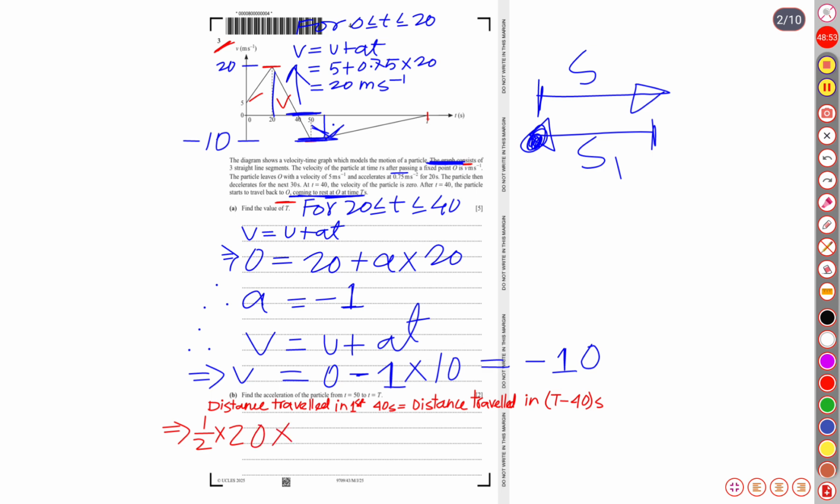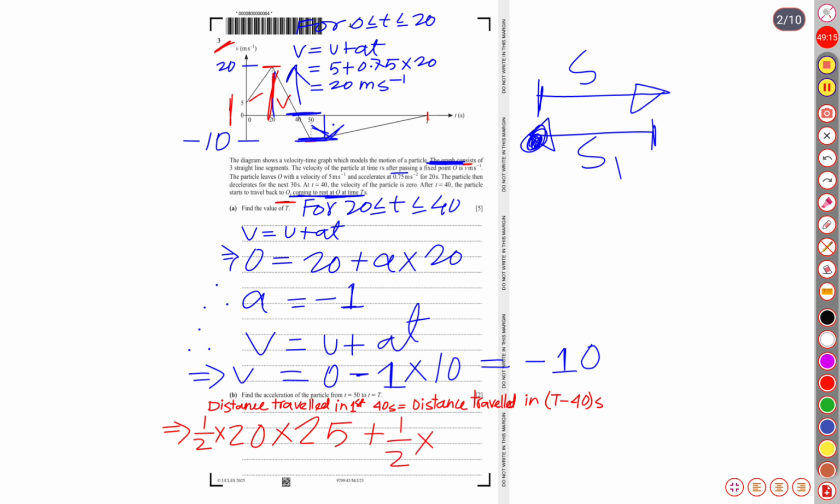Then the sum of the parallel sides: this is 5 and this is 20, so it is 25.